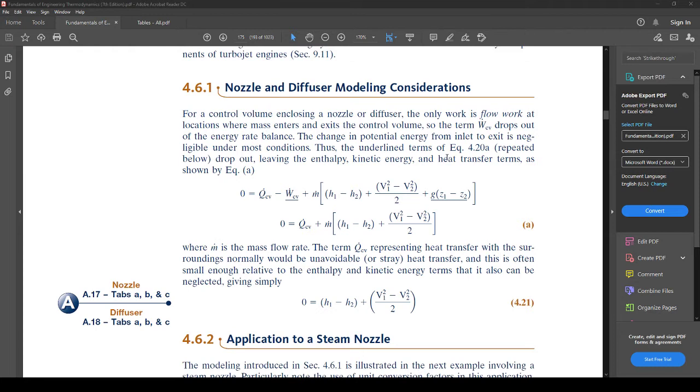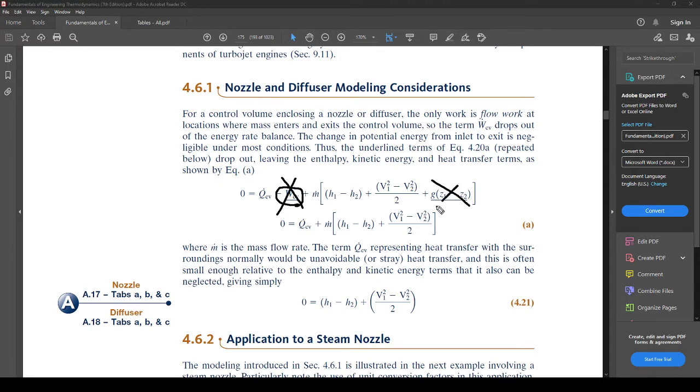All right, so then we have nozzle and diffuser modeling considerations. I'm not going to spend too much time on this one because we worked on this yesterday. As you can see, the work term can go away, because the work is negligible or nothing for a nozzle since there's no spinning shaft or anything.